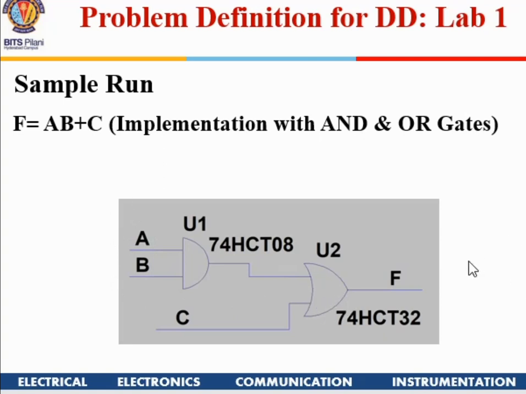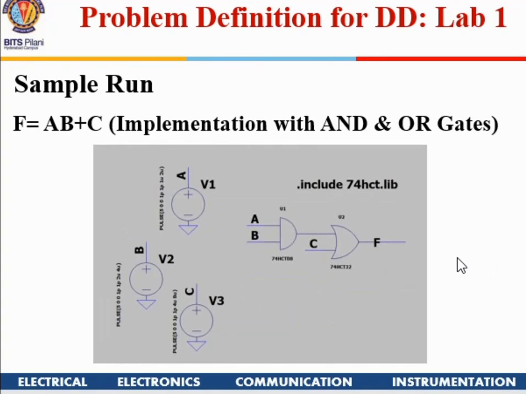I'll show you how this is to be done in LTSpice. Once you have made these gates, you have to give some test signals, so I'll tell you how to give pulse signals. A, B, C will change accordingly and you will be able to see the results.